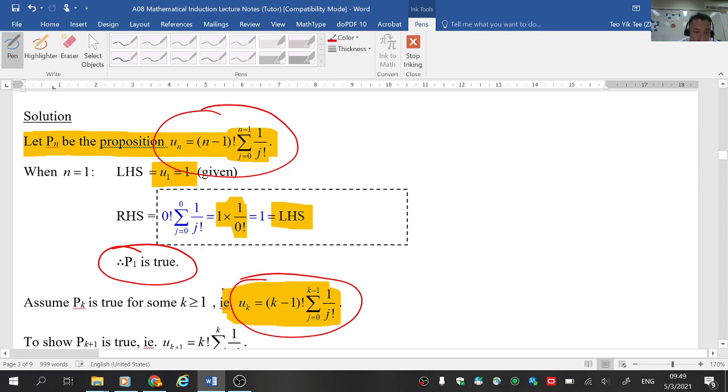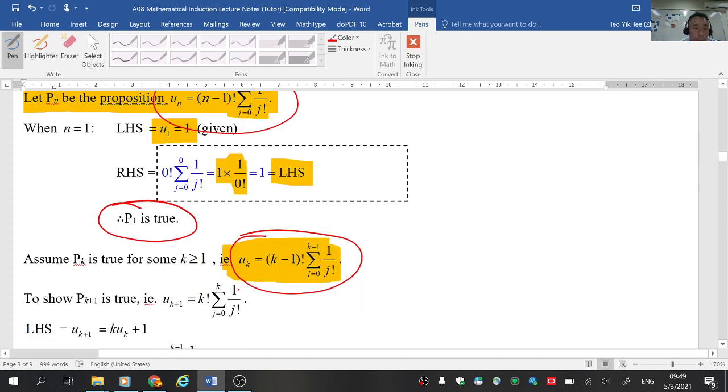Step number 3, you need to show that Pk plus 1 is true. So always find out what you are expected to prove on the right hand side. Focusing on the right hand side, u(k+1) is expected to be equal to k factorial times the summation from 0 to k of 1 over j factorial. So focus on this, just add 1 to this, add 1 to it. That will be your right hand side.